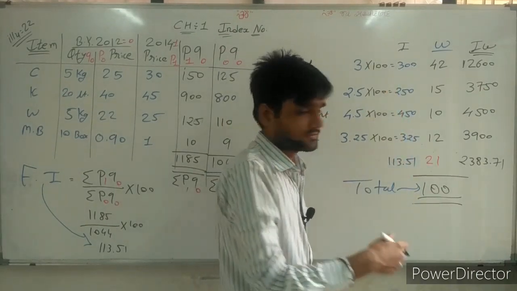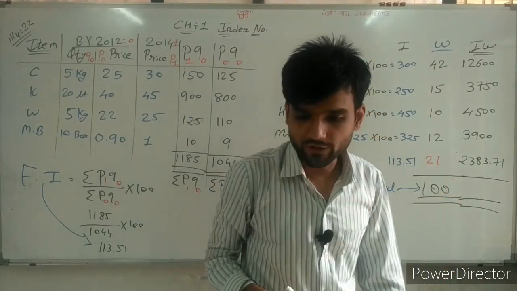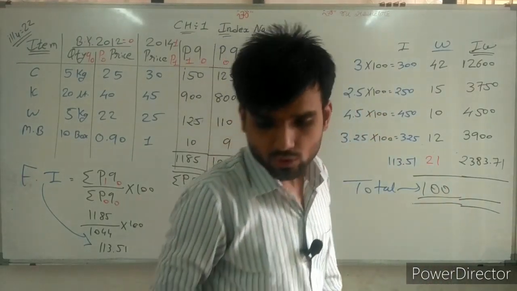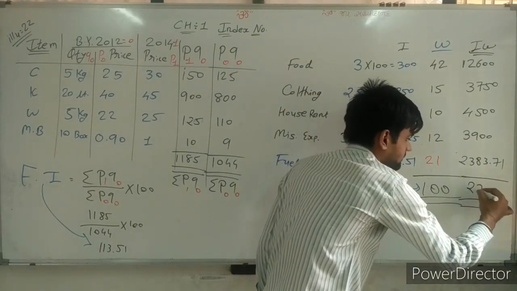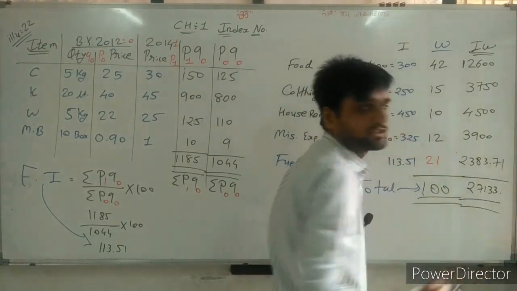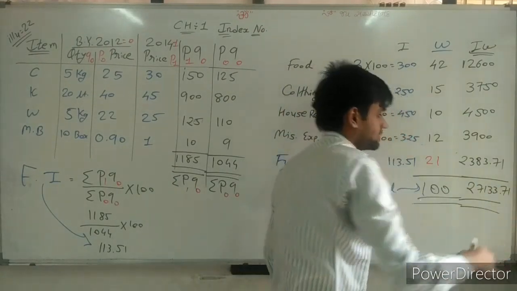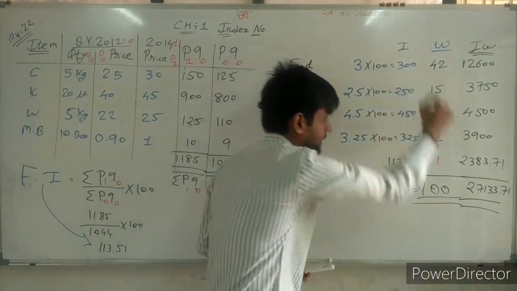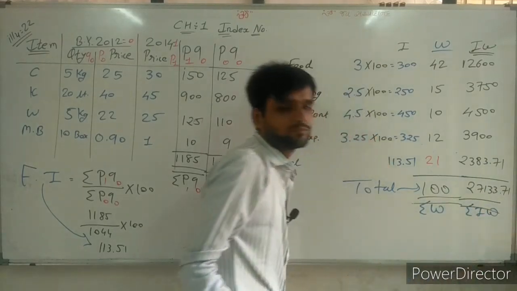Now total of it, sigma IW. So make the total of it. We are getting 27,133.71. So it's my sigma IW.